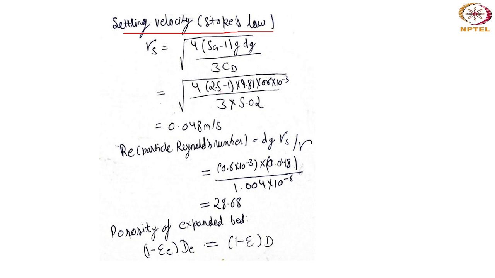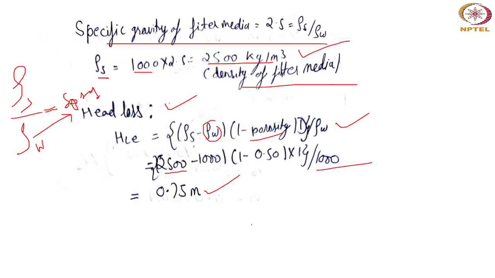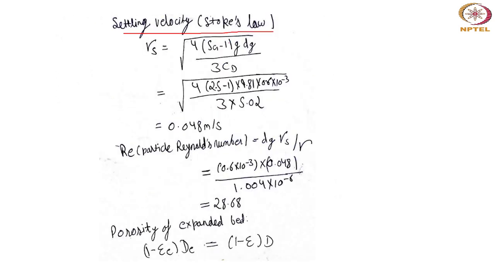So 4 multiplied by (2.5 minus 1), 2.5 being the specific gravity of this media, into g value 9.81, into 0.6 into 10 to the minus 3, this is my diameter of the sand particle, divided by 3 into Cd.